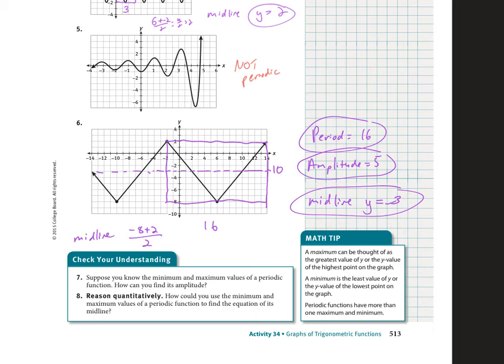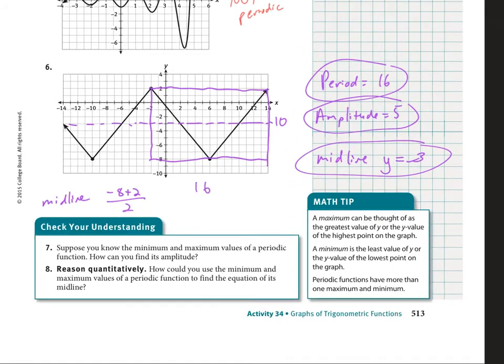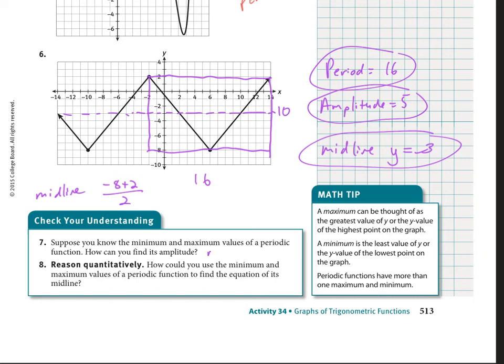Okay. Again, we've seen these words before, maximum and minimum. The maximum is the highest y value of the graph. The minimum is the lowest y value of the graph. And so obviously the amplitude, if we're really thinking about that, it's really the max minus the min divided by 2, right? Max minus min will give me that full height, and then that height I've got to divide by 2.